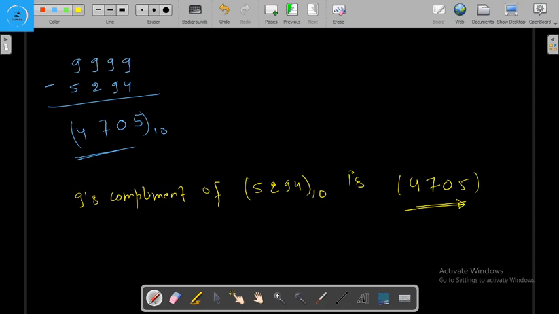So for performing the r-1's complement, first we write r-1, and then subtract the given number from r-1. Let's see another example.